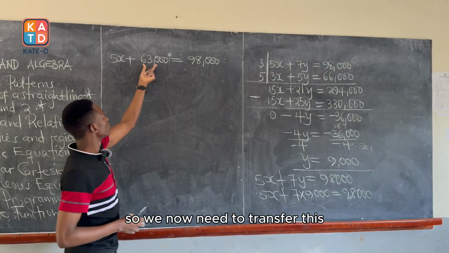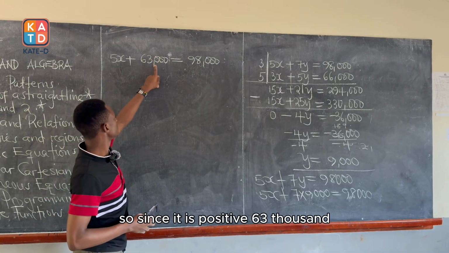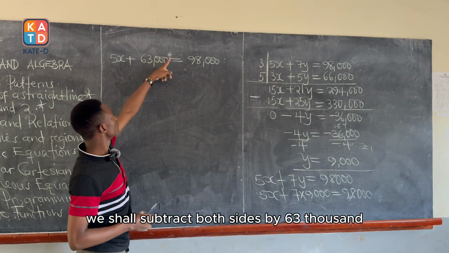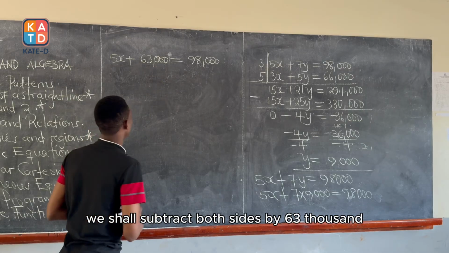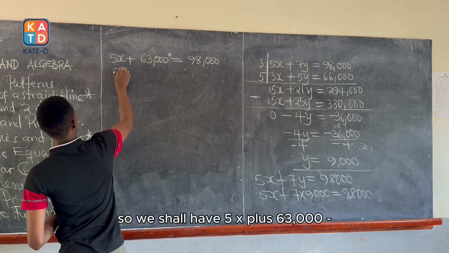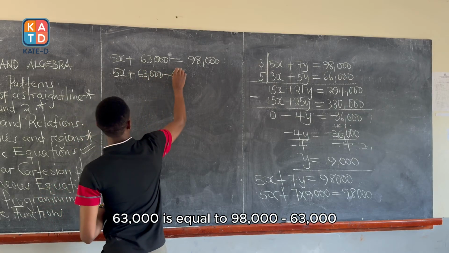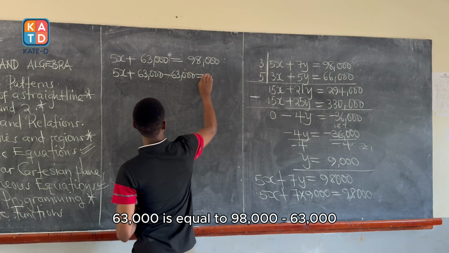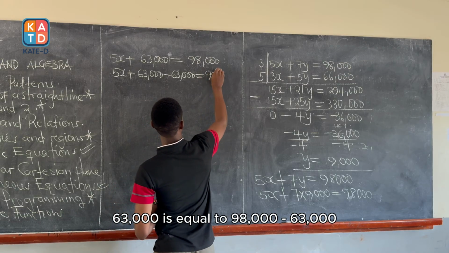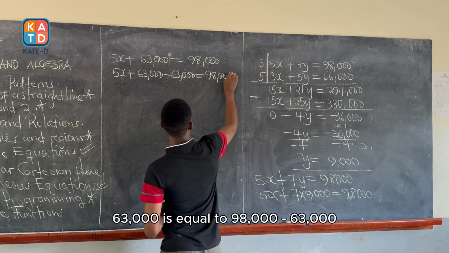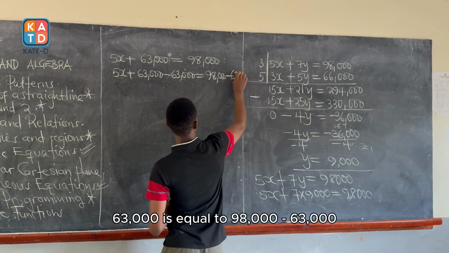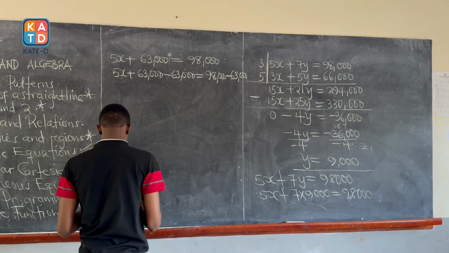So we now need to transfer this. Since it is positive 63,000, we shall subtract both sides by 63,000. So we shall have 5x plus 63,000 minus 63,000 is equal to 98,000 minus 63,000.